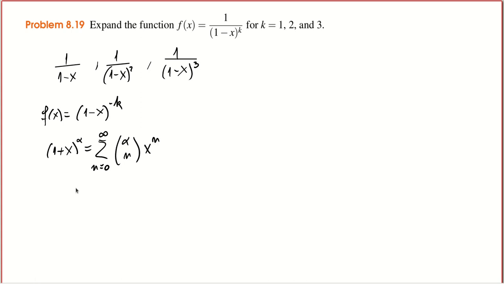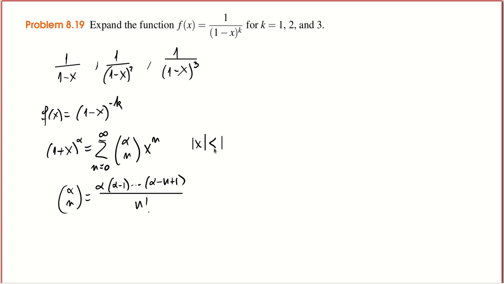Alpha is any real number, and alpha over n is equal to this divided by n factorial. That is the Taylor series for this function, right? The radius of convergence, by the way, is this, okay?